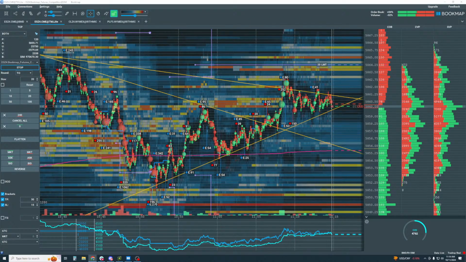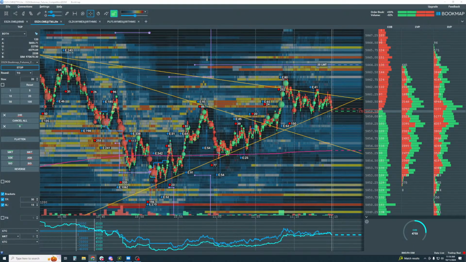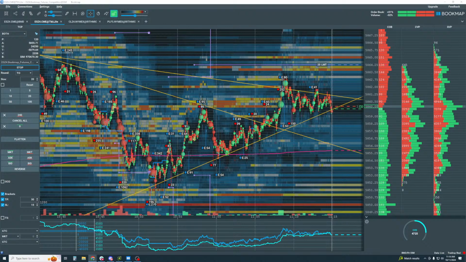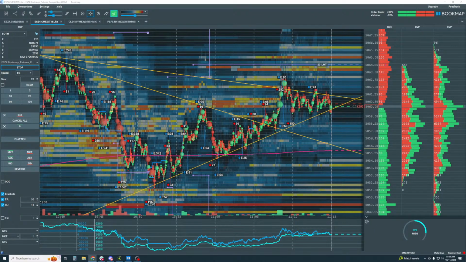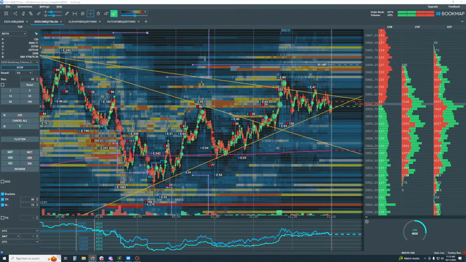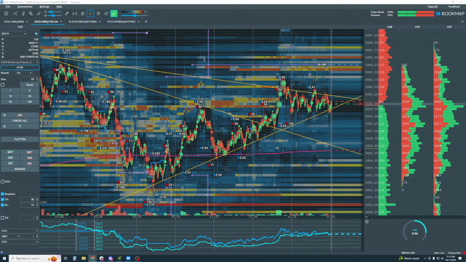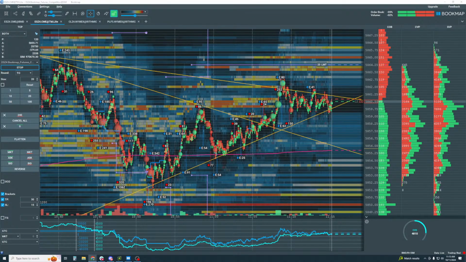Just get CME data, it's like $35 or something. Bookmap CME data, and you can also get global, and you can be up and running and trade in sim.